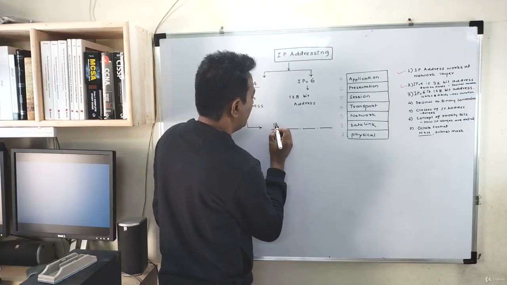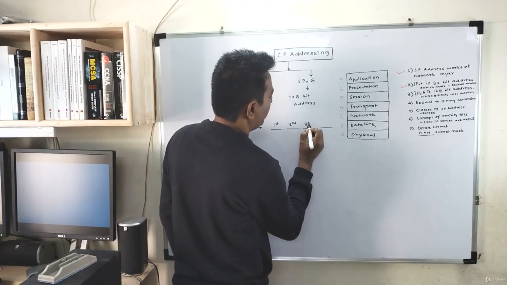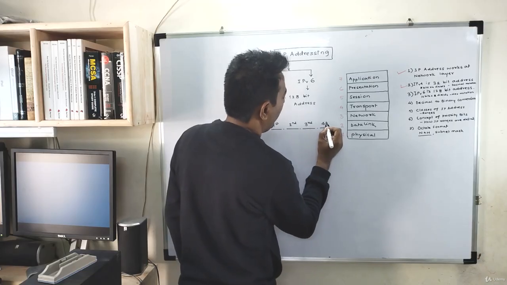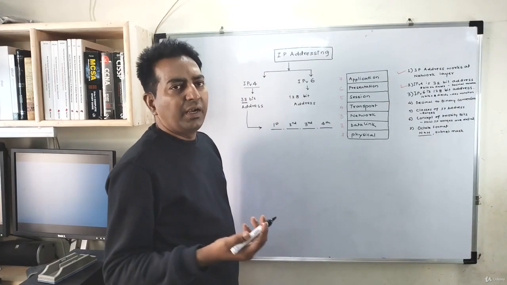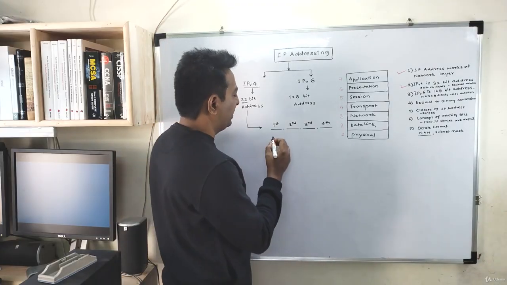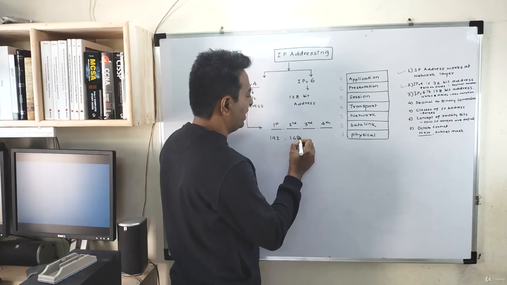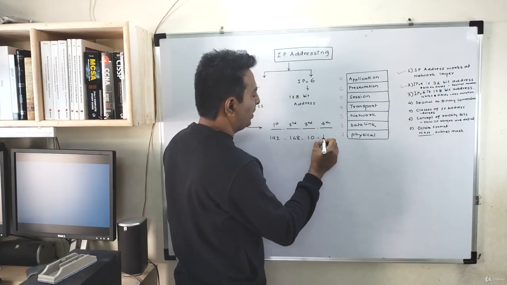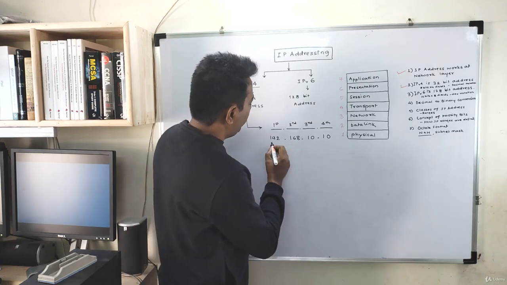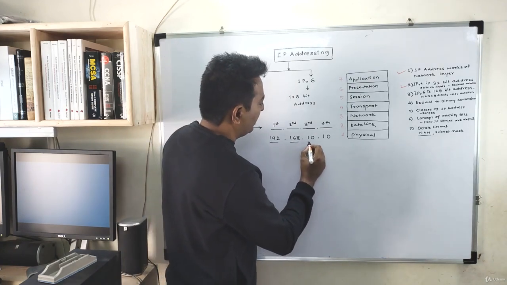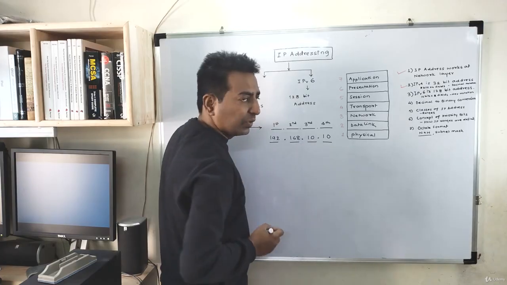This is the first field, the second field, third, and the fourth field. If you look at any IPv4 address, it is written something like this: 192.168.10.10. The fields are separated using a dot.